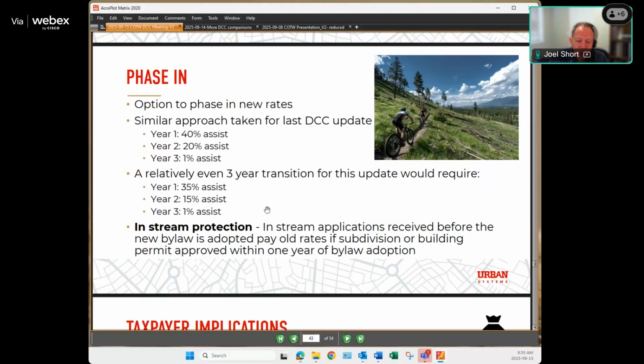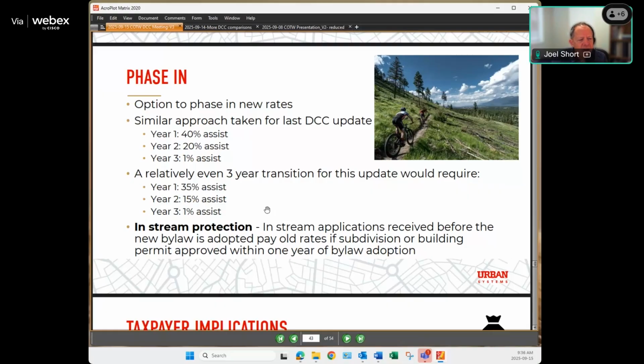And one thing to bear in mind is in-stream protection. If an applicant has their application in before the new bylaw is adopted, they pay the old rates. So that kind of gives a one year phase in in any event. Basically, get your application in before the bylaw is adopted, and then as long as you get it registered within a year of the new bylaw being adopted, then you can pay the old rates.